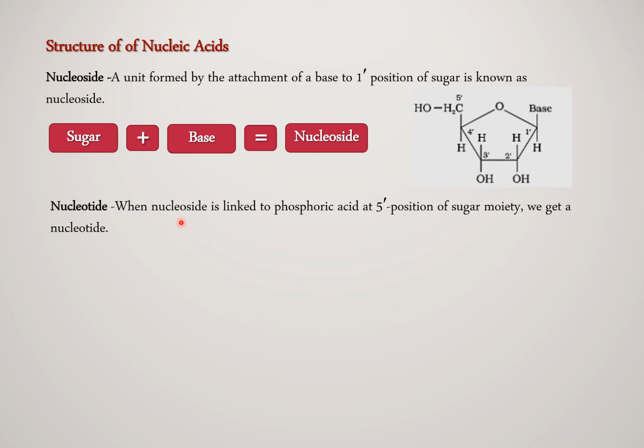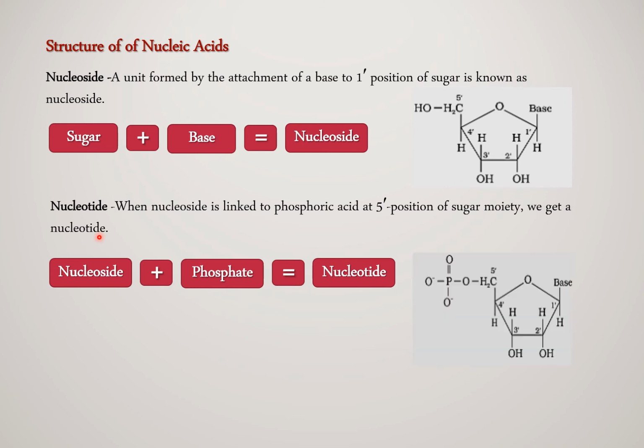Let us now understand a nucleotide. Whenever a nucleoside is linked to phosphoric acid at the 5' position of the sugar moiety, we get a nucleotide. It is a very simple structure where the nucleoside is reacting with the phosphate group to produce a nucleotide. So this is the structure of our nucleoside.